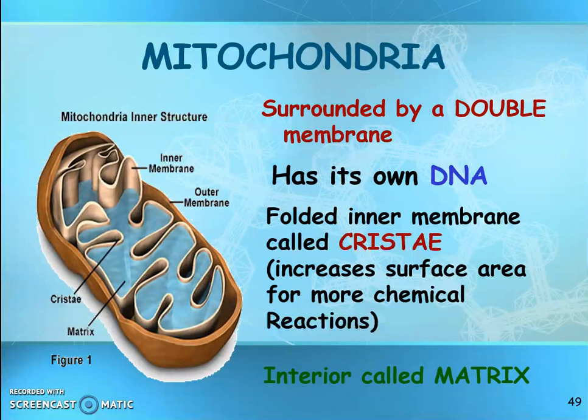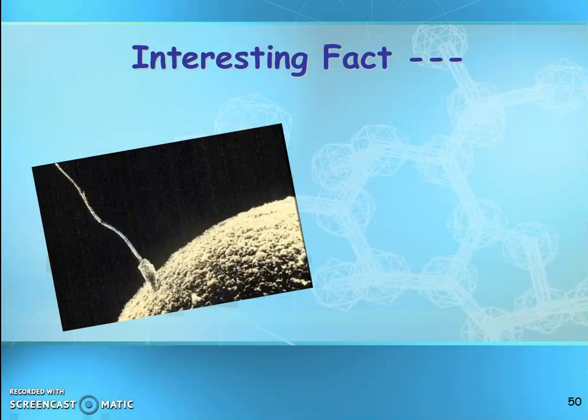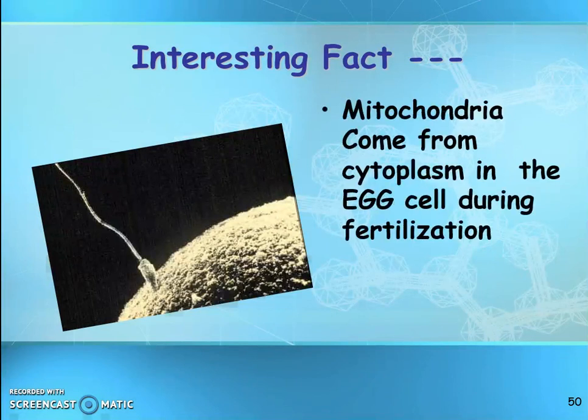Inside the mitochondria, you will find the matrix, which is similar to the cytoplasm. One of the interesting facts about mitochondria is that you get your mitochondria from your mother, because they come from the egg cell during fertilization.